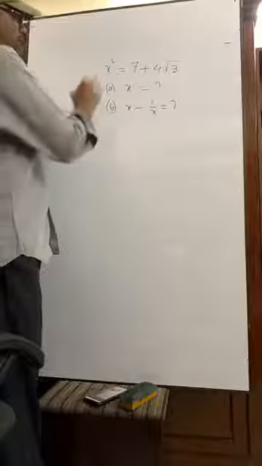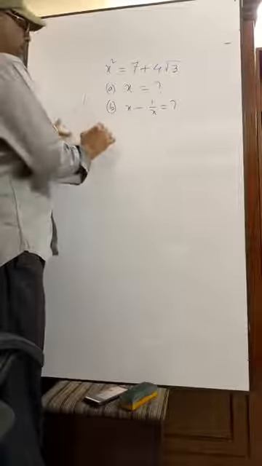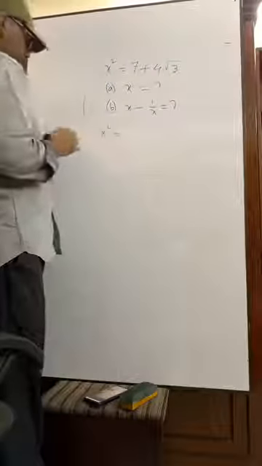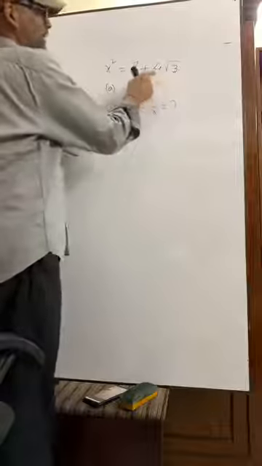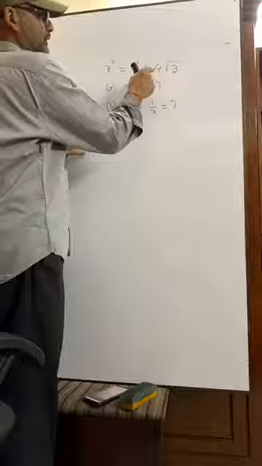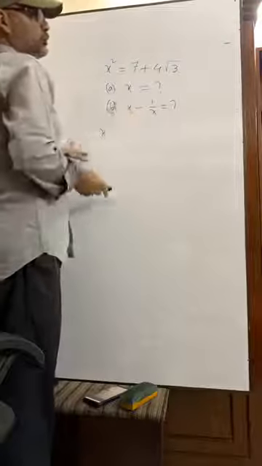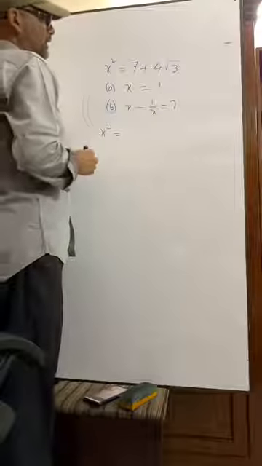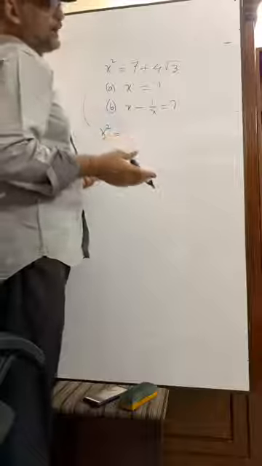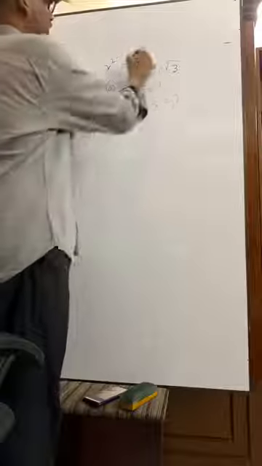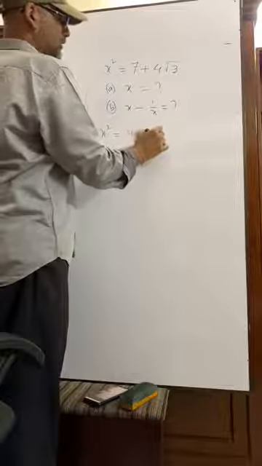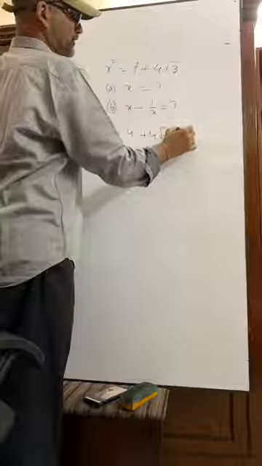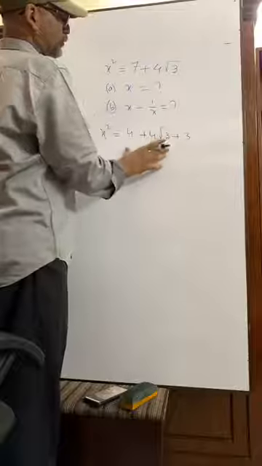See, from here we can write x square is equal to, there is 2ab. So 2 root 3, that means a square of 2 is 4 and a square of root 3 is 3. So it is to be written like this: 4 plus 4 root 3 plus 3. This 4 and 3 will make 7.